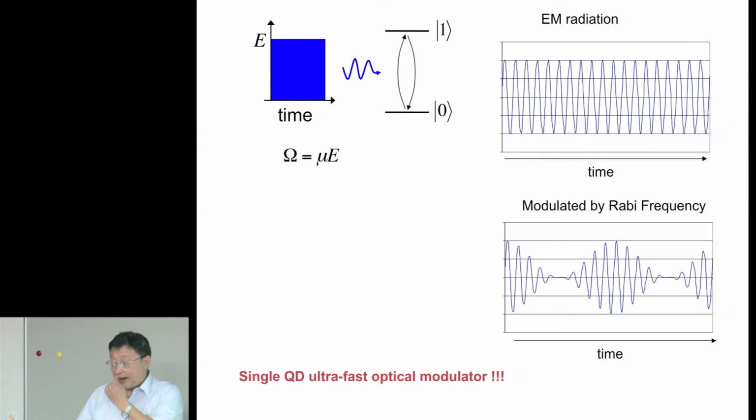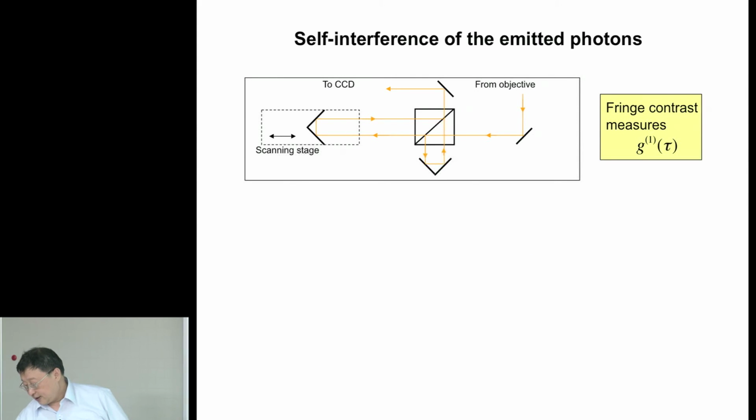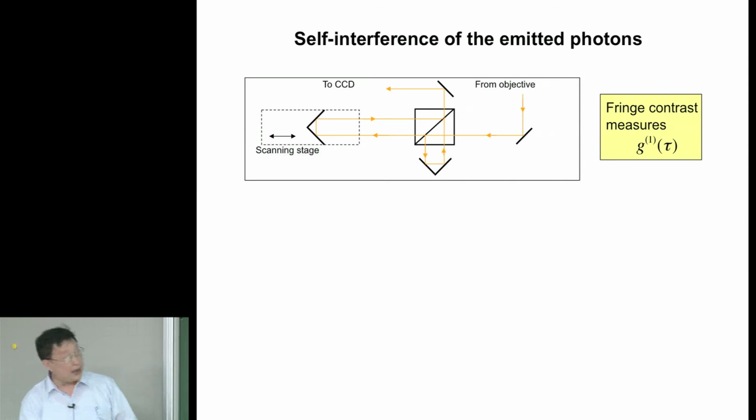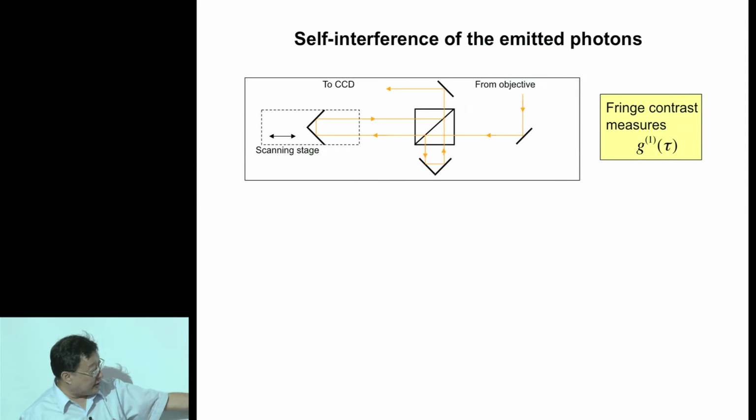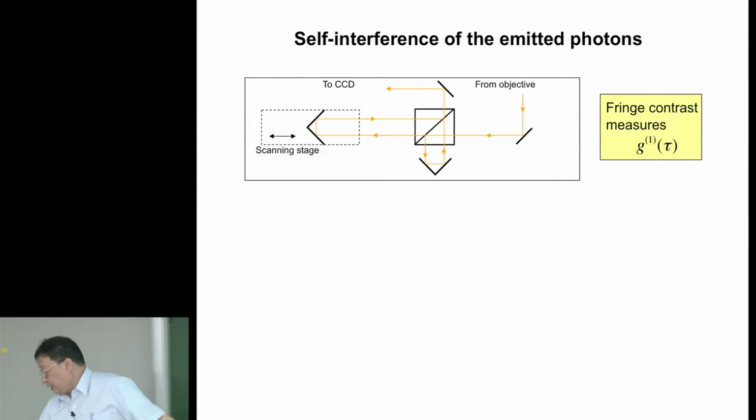Okay? Now, how do we observe this? So what we did was, if you remember, this is like the time when the electromagnetic wave will come out, right? Then if I take such an emission, I let it interfere with itself, then I will see the interference, then it will look just like that. And that is exactly what we did.